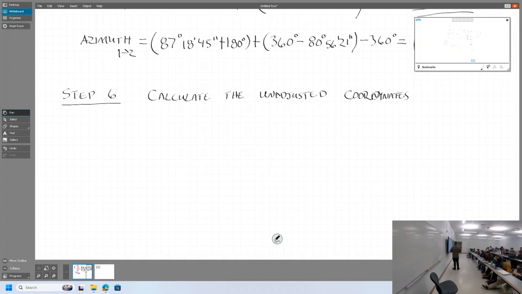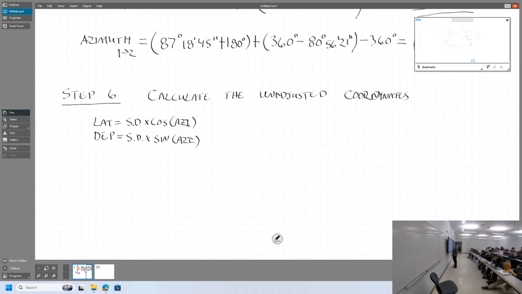So again, the latitude is equal to the slope distance times the cosine of the azimuth, and the departure is equal to the slope distance times the sine of our azimuth. Because we're not on a state plane or in a coordinate system, we're just going to give arbitrary numbers.